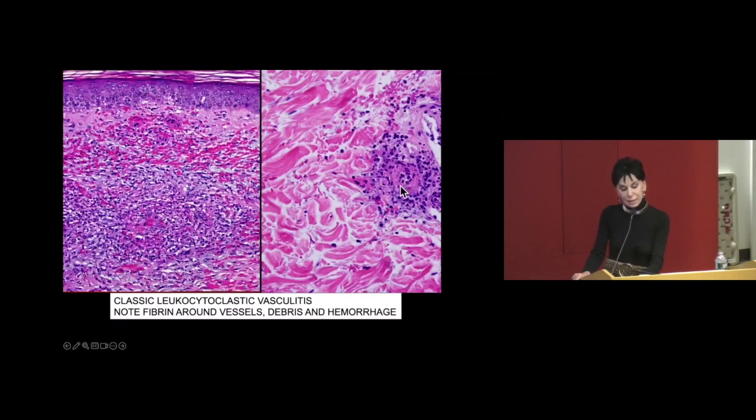And because classic complement pathway activation generates neutrophil chemoattractant factors, there is a migration of neutrophils into the vessel and into the perivascular tissue. And as well, these neutrophils undergo disintegration, referred to as leukocytoclasia.